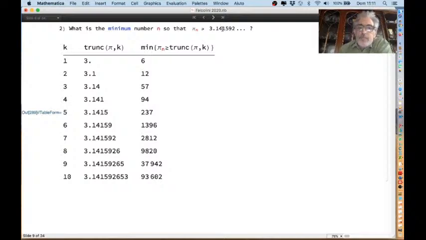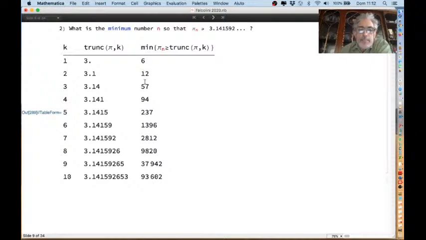What if we continue after 3, 3.1, 3.14, if we continue with 4 decimal digits or 5 or more? If we call k the digits of approximation of pi, and we call the truncation of pi up to the kth digit, as you can see here, then we can solve the problem with this table.